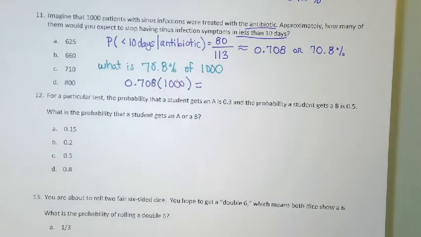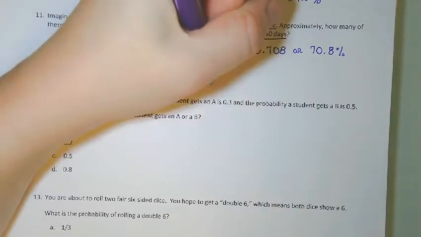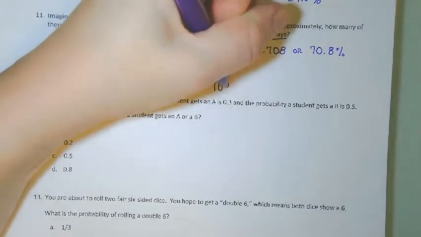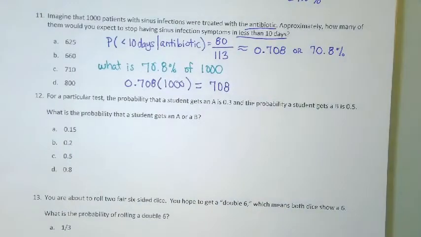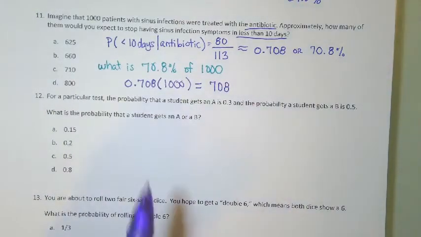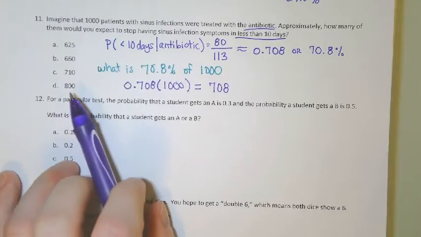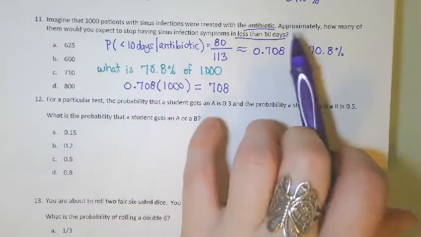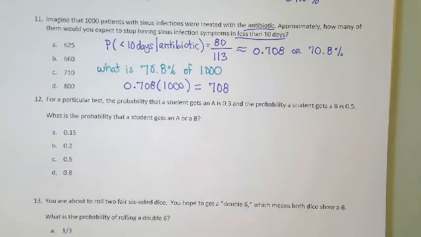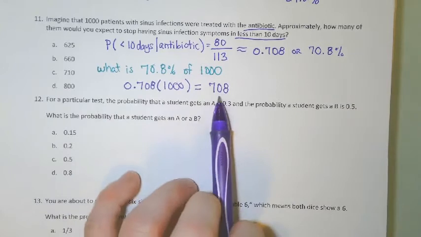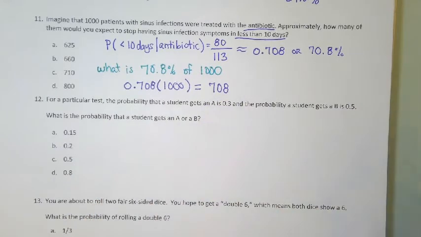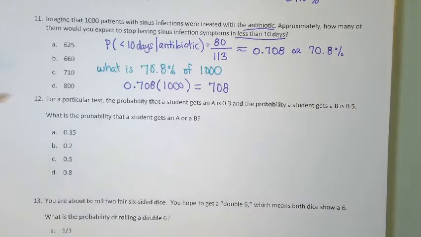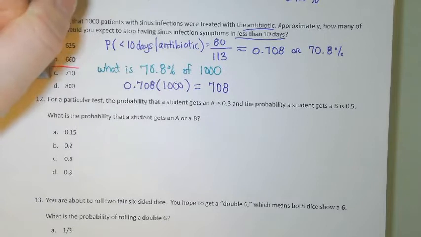So if I were to multiply 0.708 by 1,000, that would equal 708. And again, if I look at the answer choices, there isn't one that's exactly 708, but that's okay. They said approximately, not exactly, so we just want to find the answer choice closest to 708, which in this case would be 710. So the correct answer would be C.